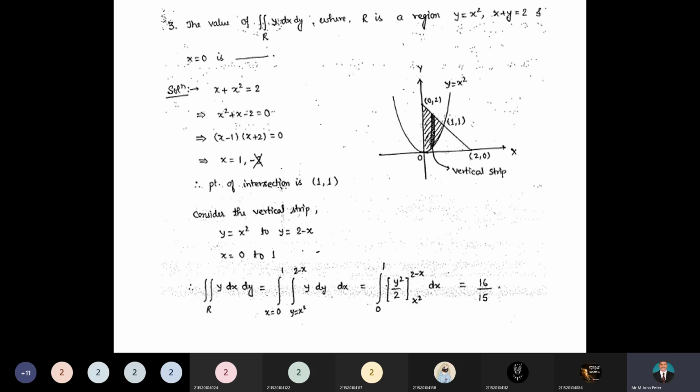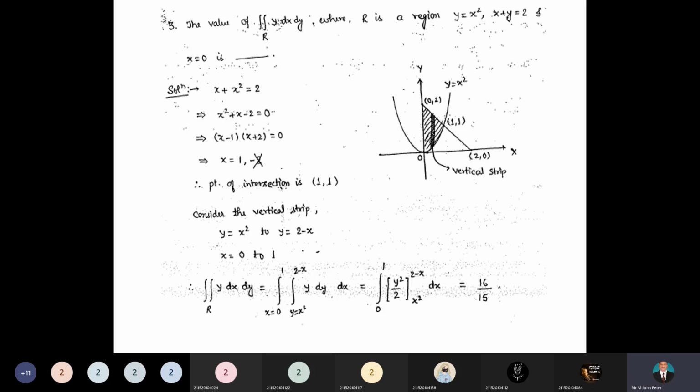Substitute x equal to 1 in the parabolic equation, that is y equal to 1. So the intersecting point is 1, 1 in the first quadrant. Based on the shaded region, at the point 1, 1, x takes the maximum value.